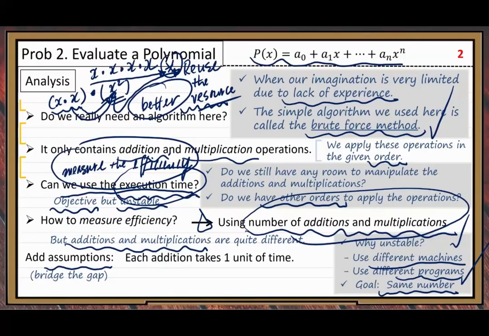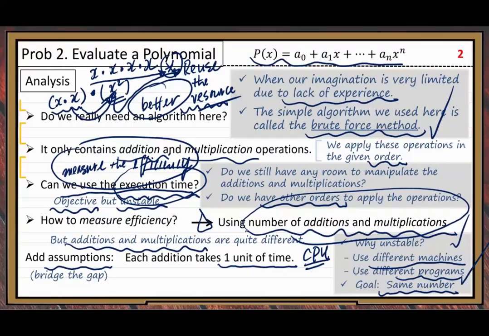We assume each addition takes 1 unit of time in computer CPU. We know it is very fast to do one addition in a modern CPU.